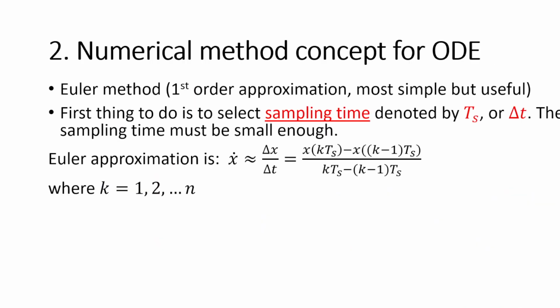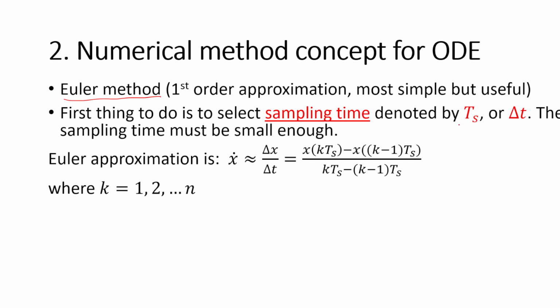The next part is the numerical method concept for ODE. The first method I'm going to show is called the Euler Method, which can be called first order approximation. This is the most simple but very, very useful, because you use it all the time for the controller to control your system, because you don't need a sophisticated algorithm, you just need a first order approximation.